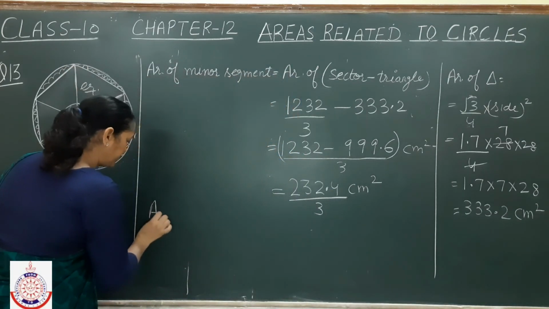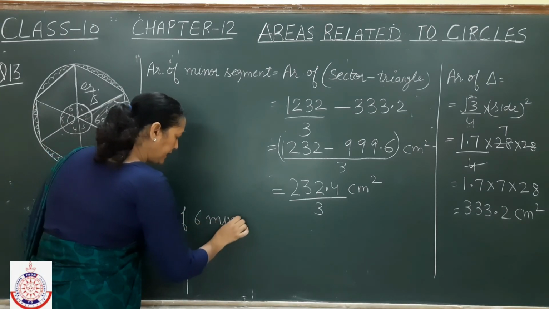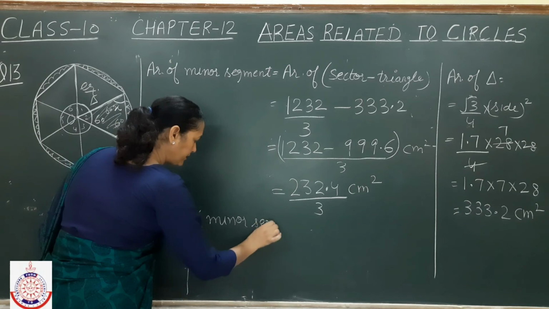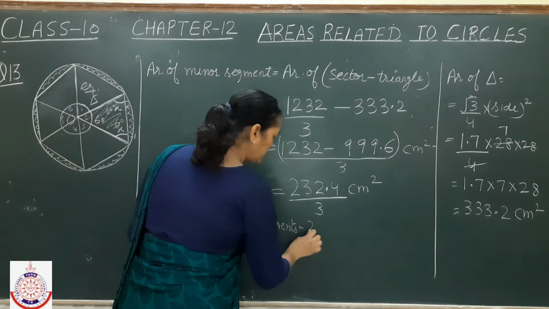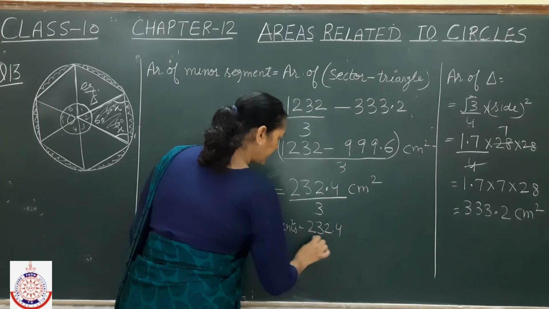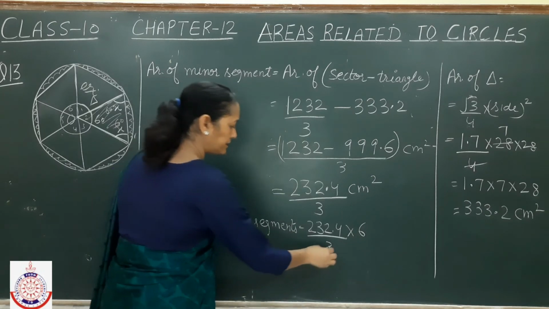Area of 6 minor segments will be obtained by multiplying the area of one minor segment with 6.